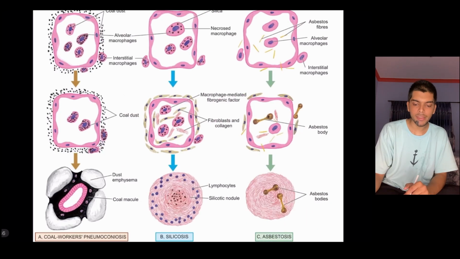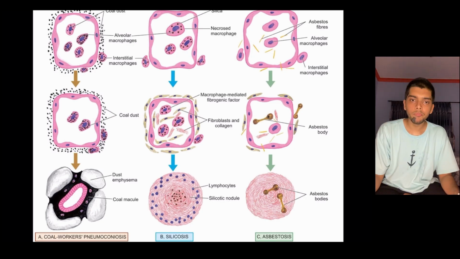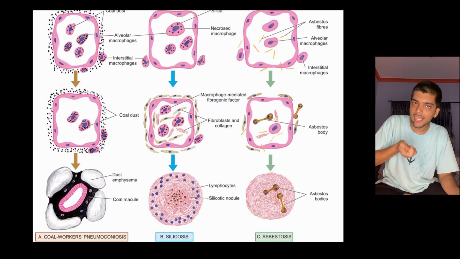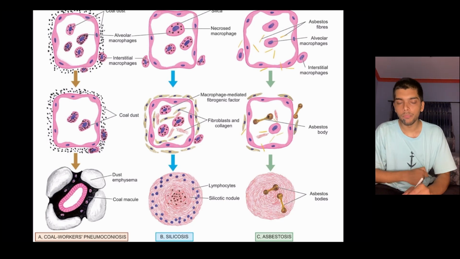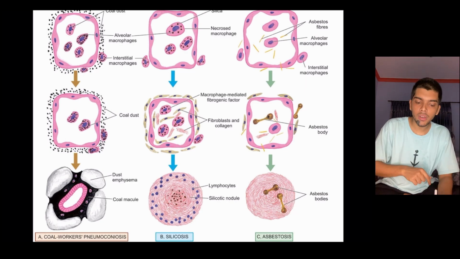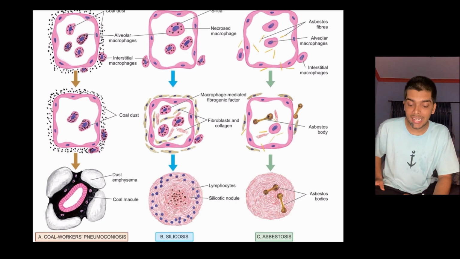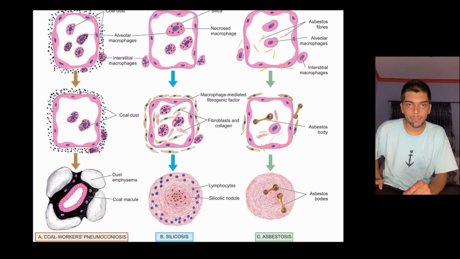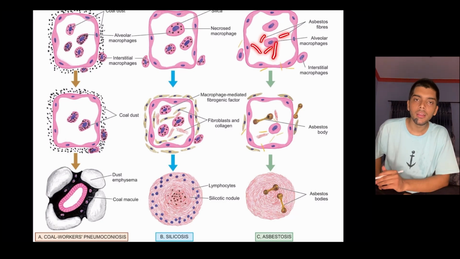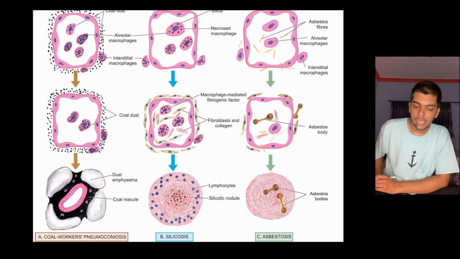Okay. Microscopy. So the same thing, the asbestos fiber gets inhaled in, it passes through the respiratory tract, then it reaches the alveoli. However, now, like in coal worker pneumoconiosis, the coal got engulfed by alveolar macrophage. In silicosis, the silica got engulfed by alveolar macrophage. But in case of asbestosis, the asbestos fiber is not engulfed by alveolar macrophage.